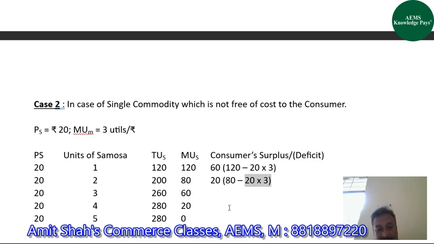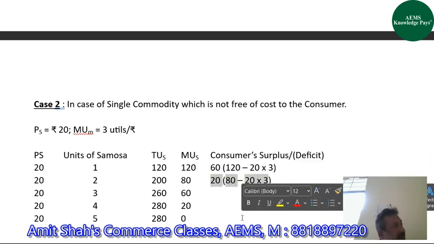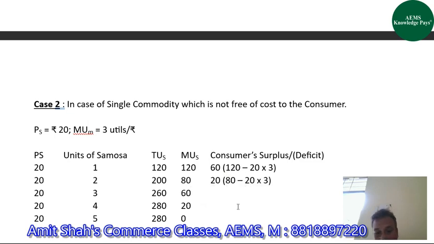Each samosa is of rupees 20. His MUM is 3 utils per rupee. So by spending 20 rupees on one samosa, he expects 60 utils. But he has got 80. So 80 minus 60 is 20. Have you got this, guys, or not?